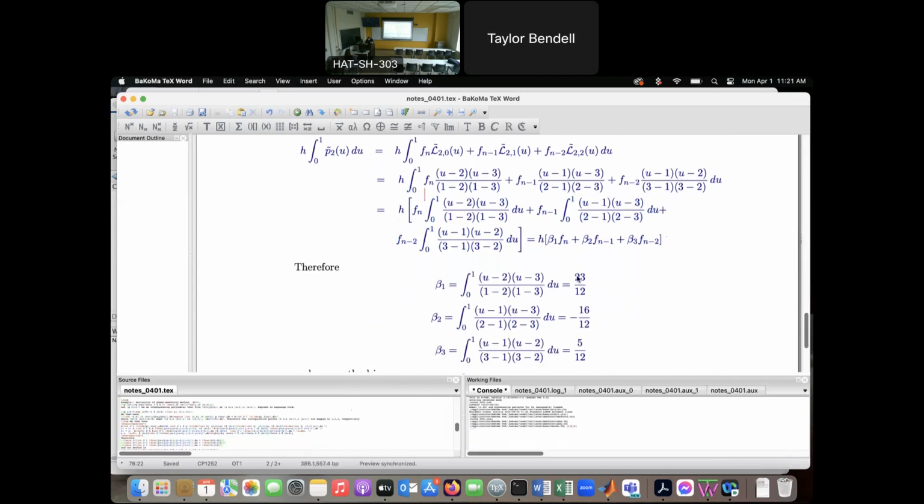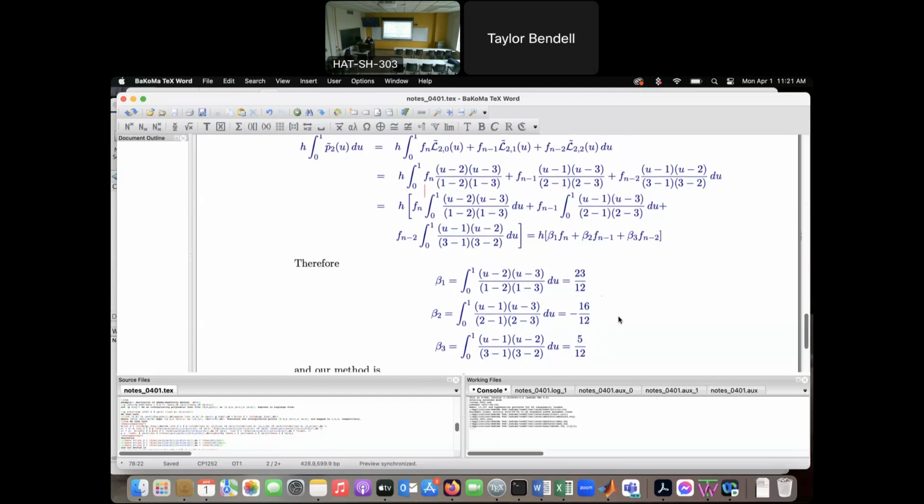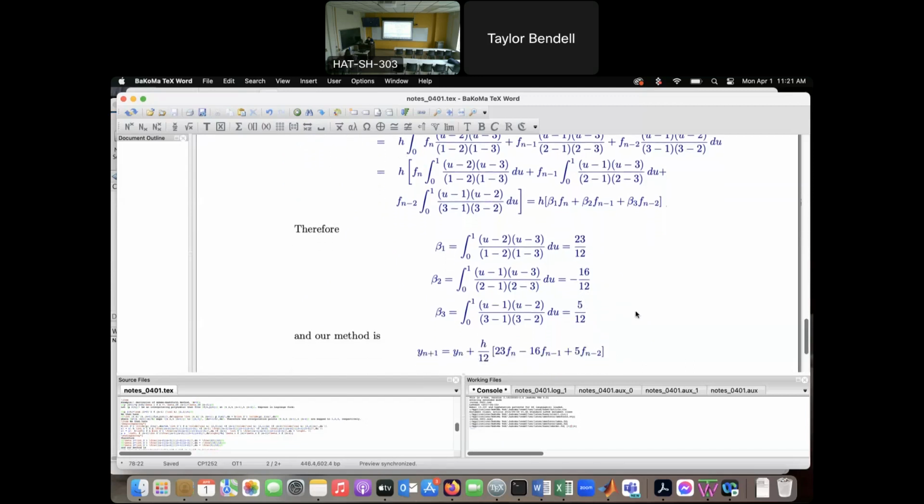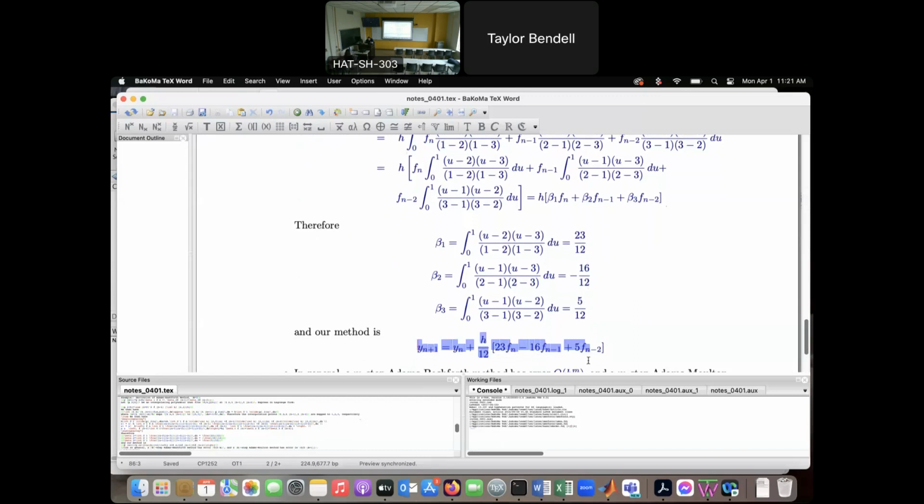So 23 over 12, minus 16 over 12, 5 over 12. One thing you can see here is if I add up all these coefficients, I end up with 1. That's something that's true in general of Adams methods. So this is my 3-step Adams-Bashforth method.